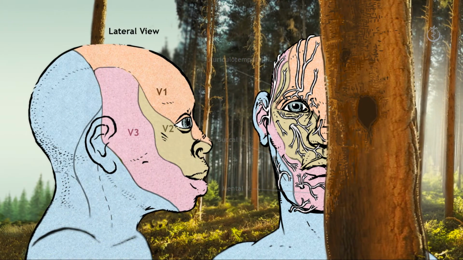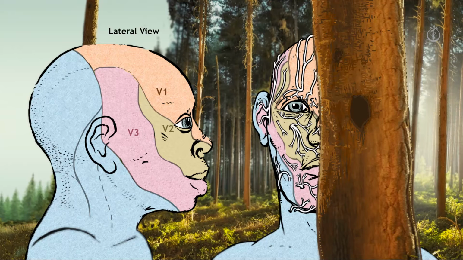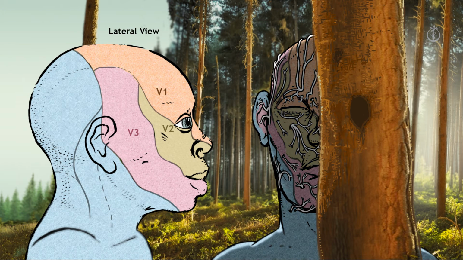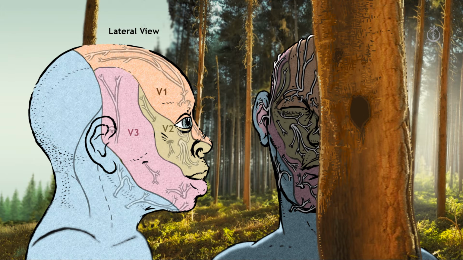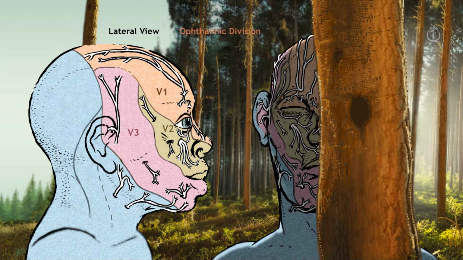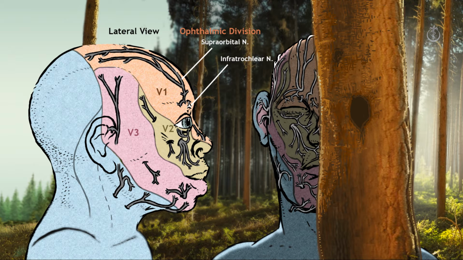This is a schematic lateral view of the face and scalp. As before, each of the division territories is shown in a different color. Again, let's identify the individual nerves that supply each territory. In this view, we can recognize 3 of the 5 branches of the ophthalmic division. We can see here the supraorbital nerve, the infratrochlear nerve, and the external nasal nerve.